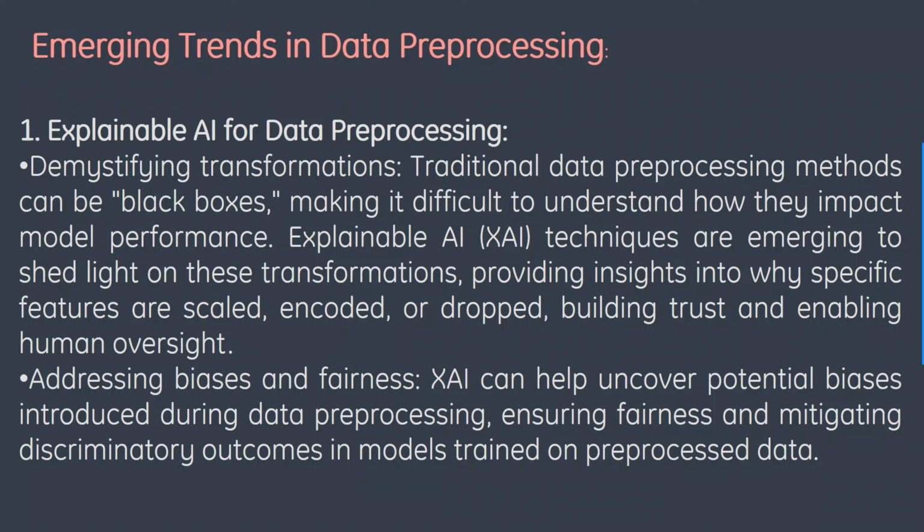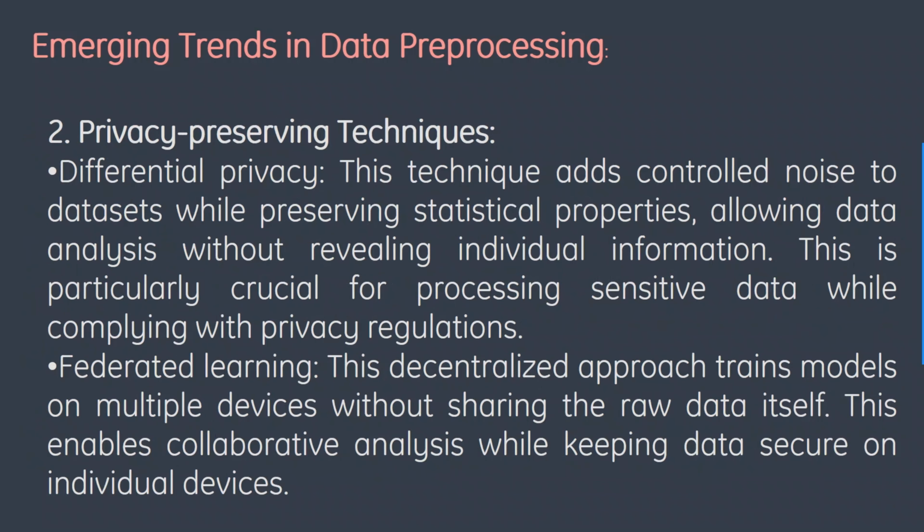And later we have addressing biases and fairness. XAI can help uncover potential biases introduced during data pre-processing, ensuring fairness and mitigating discriminatory outcomes in models trained on preprocessed data. Second is privacy preserving techniques. Differential privacy: this technique adds controlled noise to datasets while preserving statistical properties, allowing data analysis without revealing individual information.